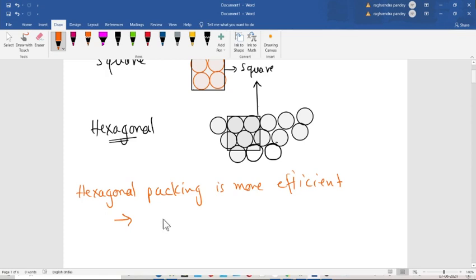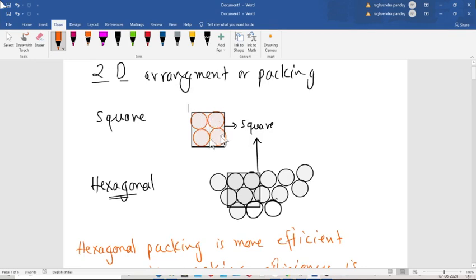It means that its packing efficiency is more. Packing efficiency means area of the sphere. Let's just take it as a circle, not a sphere, because from above it looks like a circle.